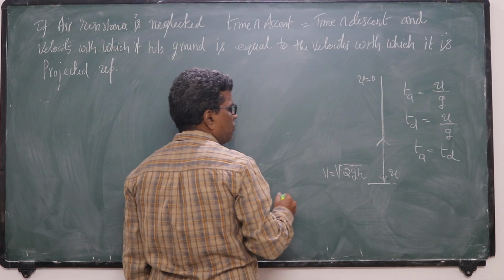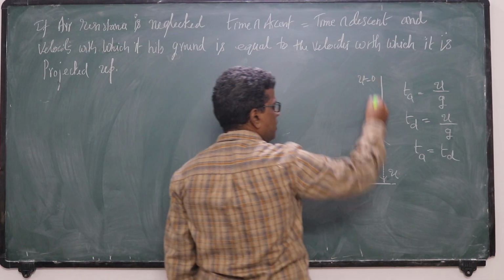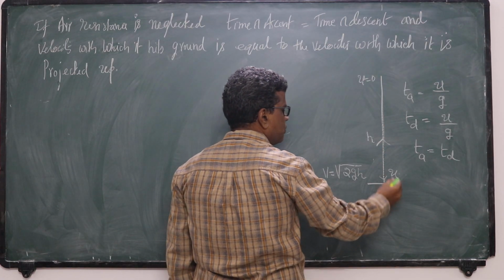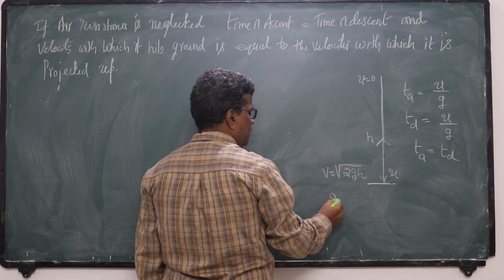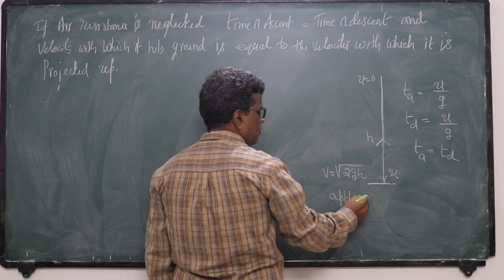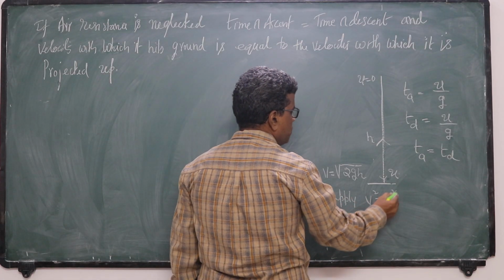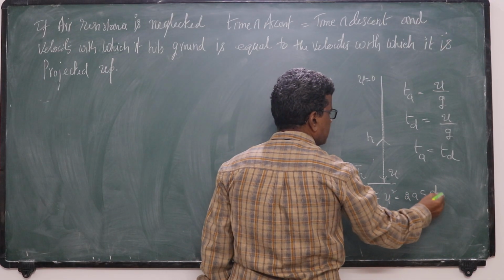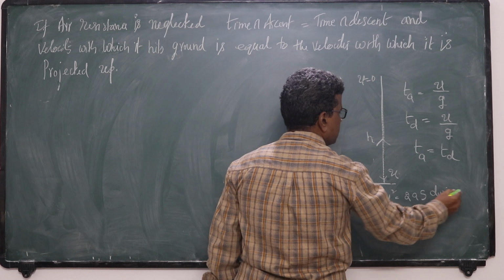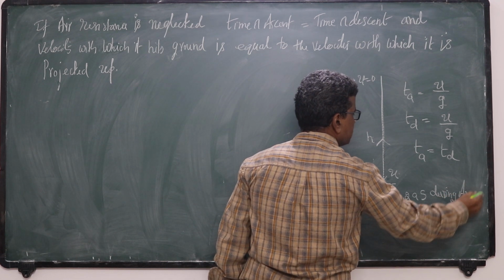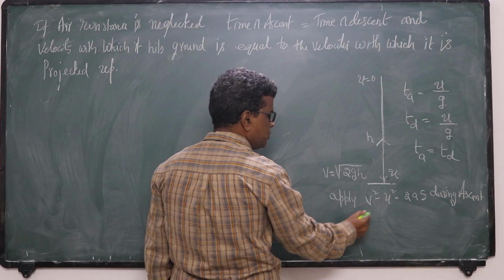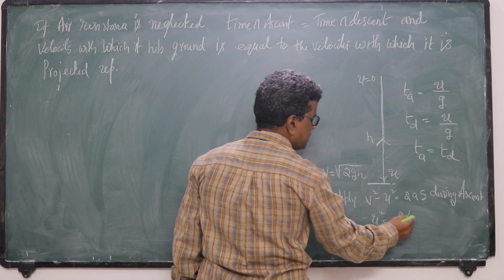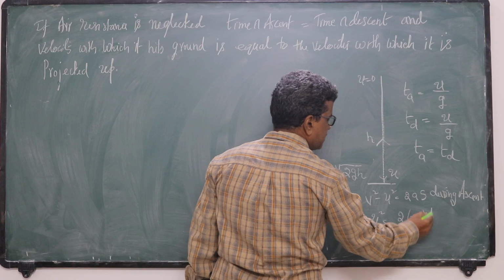Because if you apply v square minus u square is equal to 2as, where this is h, during ascent, what you will get? 0 minus u square is equal to 2 into minus g into h.